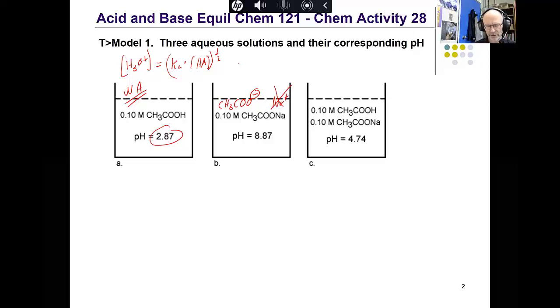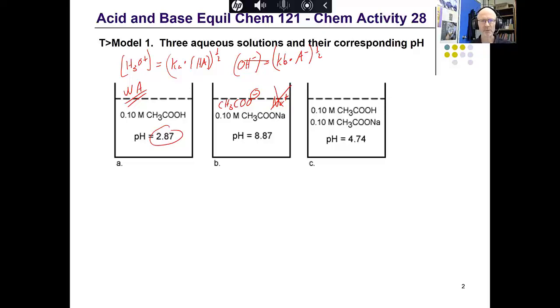And we could determine also the pH by finding, first of all, the hydroxide concentration, then the pOH, by using the square root of Kb times the concentration of the conjugate base, which I'm going to represent as A negative. So those are situations where you have predominantly either weak acid or predominantly weak base present.